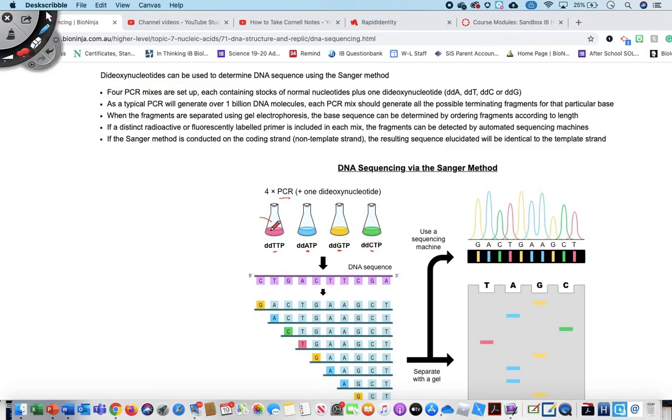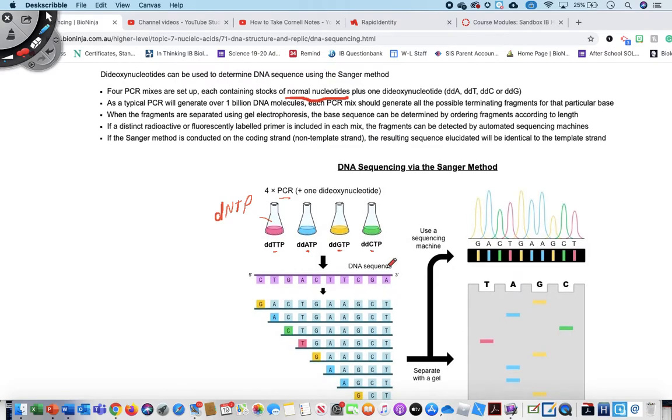In addition, in these mixes, I'm going to have DNA polymerase, I'm probably going to add primers, and I'm also going to add just regular, normal nucleotides. So I'm also going to add my regular dNTPs, because I need my sequence to copy itself with regular dNTPs as well.